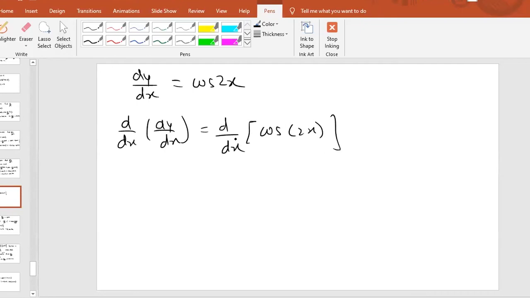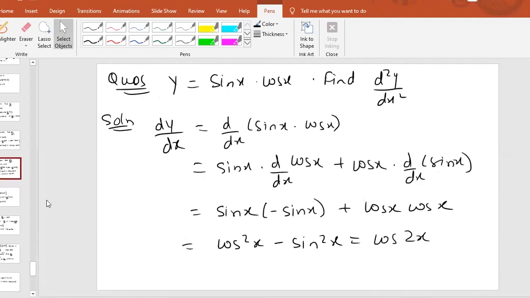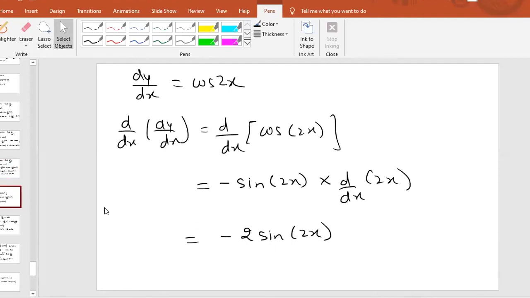Again we are differentiating with x, inside the function we have 2x. So we go from left to right. Differentiation of cos is minus sin 2x into d by dx of 2x. d by dx of 2x is 2, so the answer would be minus 2 sin 2x.